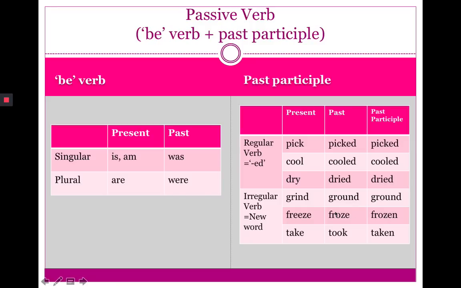So, for example, the word grind, past tense is ground, past participle is also ground. Okay, the word freeze, past tense is froze, the past participle is frozen. Okay, the word take, past tense is took, and the past participle is taken.